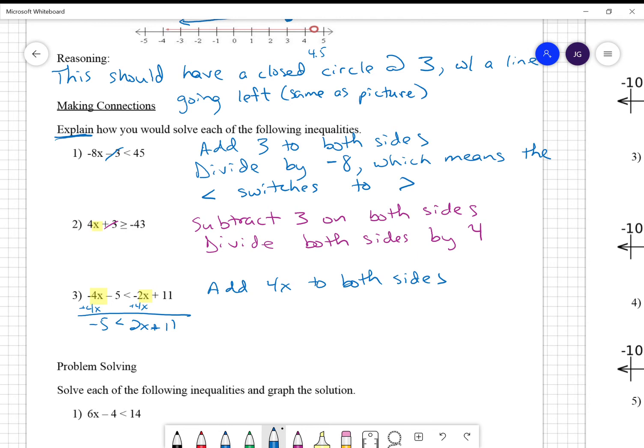The next step would be subtract 11 on both sides. And then divide both sides by 2.